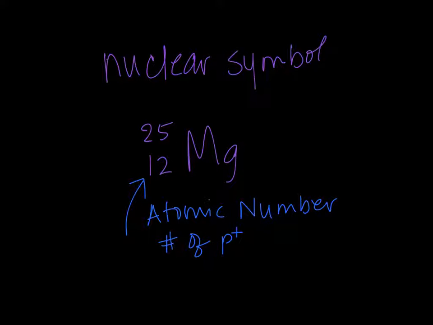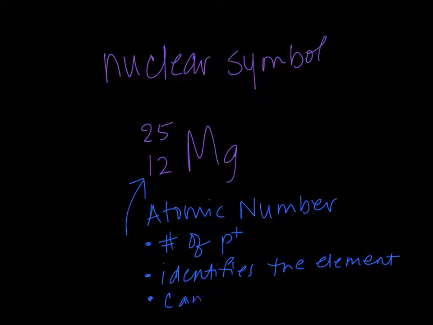So the number of protons in the atomic number identifies the element. It tells you which element you have. And then it cannot change. So an atom cannot ever gain or lose protons, it has to stay the same.